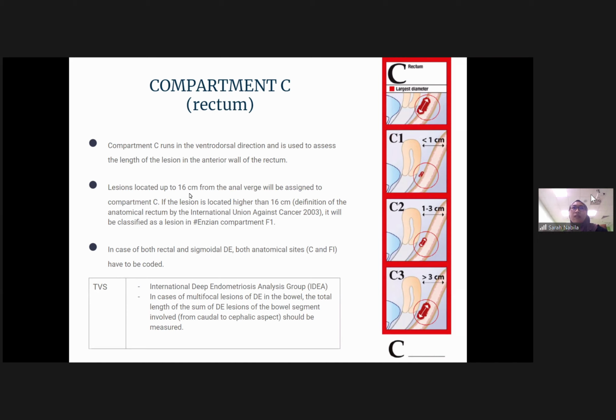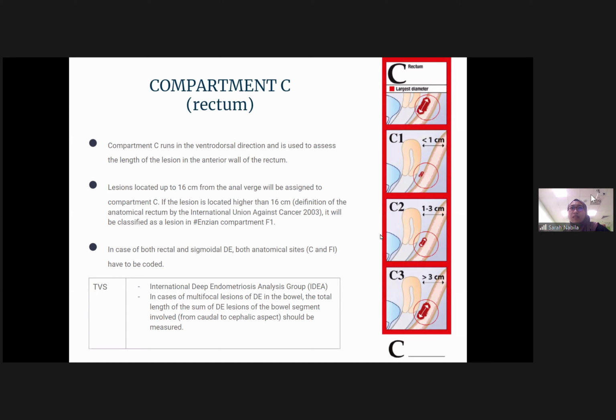So they define lesions located up to 16 centimeters from the anal verge as assigned to compartment C, but any lesion located higher than 16 centimeters will be classified in ENZIAN compartment F. In case of both rectal and sigmoidal deep endometriosis, both anatomical sites C and FI should be included as well. So here, the transvaginal scan can be done as well as transrectal scan.